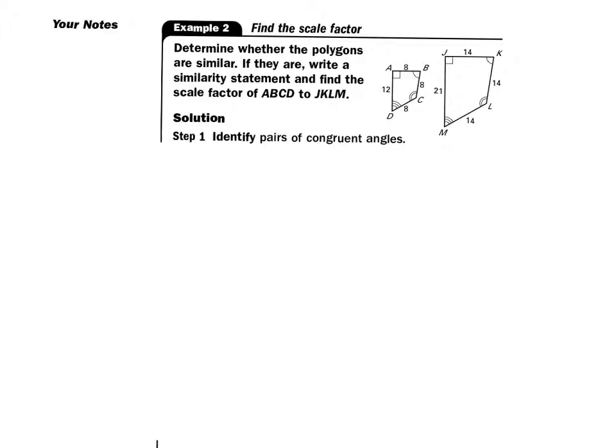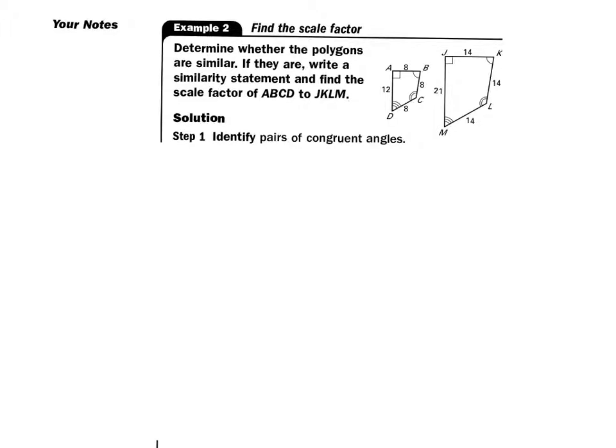Determine whether the polygons are similar. Before I go any further, I know I need to find that all corresponding angles are congruent and all the corresponding sides are proportional. If they are, write a similarity statement and find the scale factor of ABCD to JKLM.